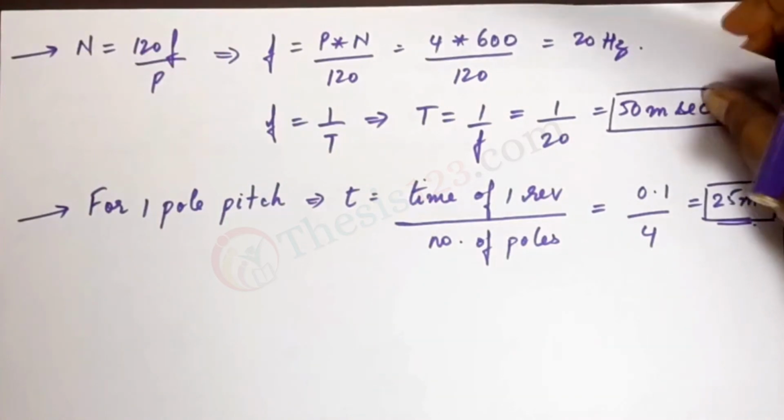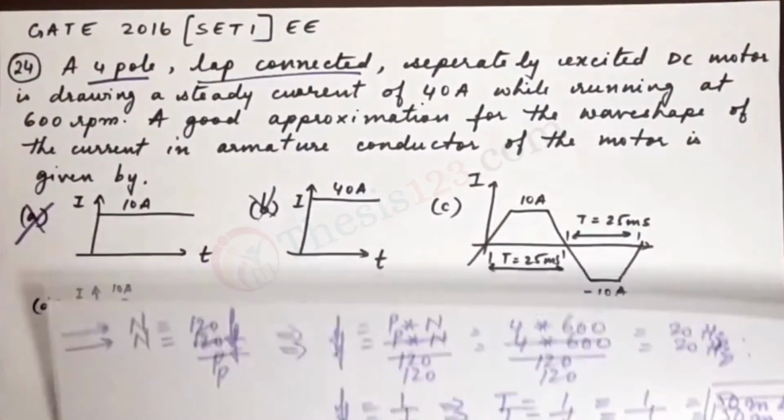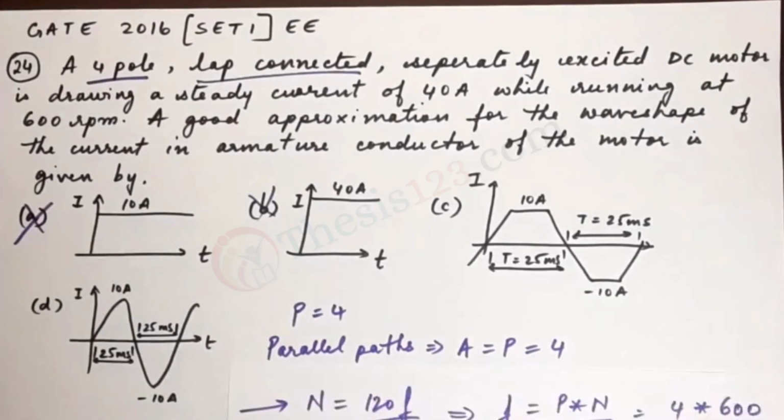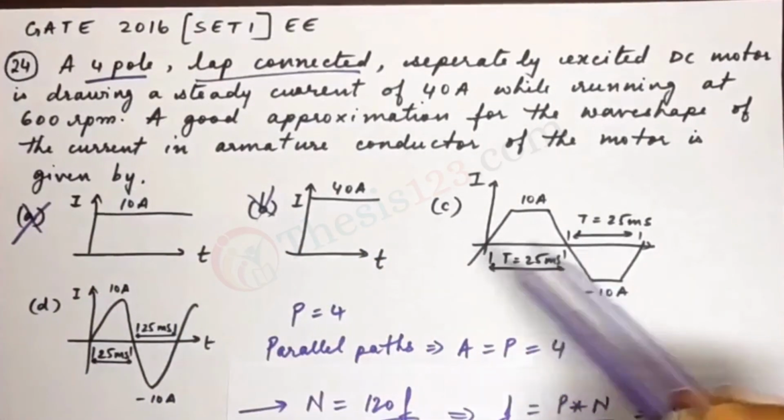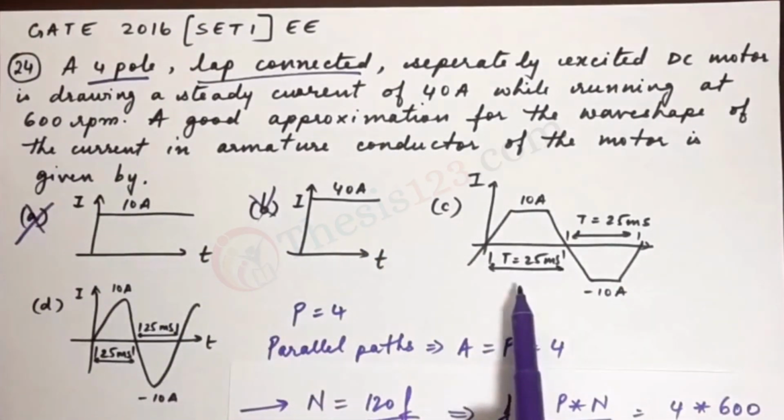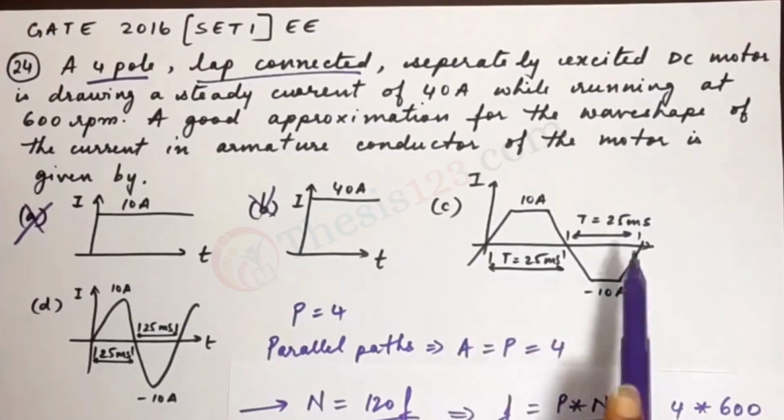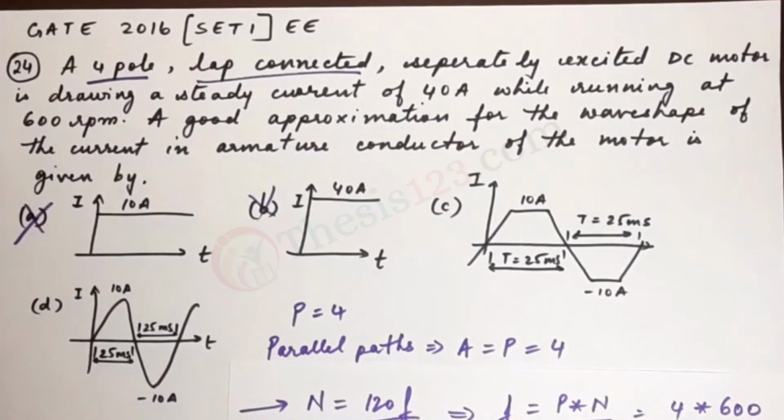Now because you can find out the time period, it tells us that option A is also wrong. So we are left with option C and D. You will notice that each of the time periods is 50 across an entire cycle. So for linear commutation, this talks about a DC motor, a separately excited DC motor.